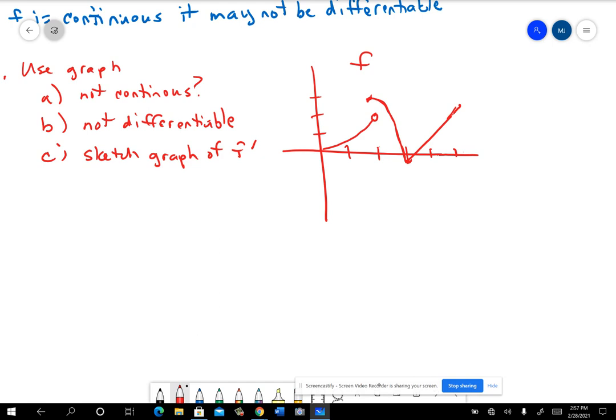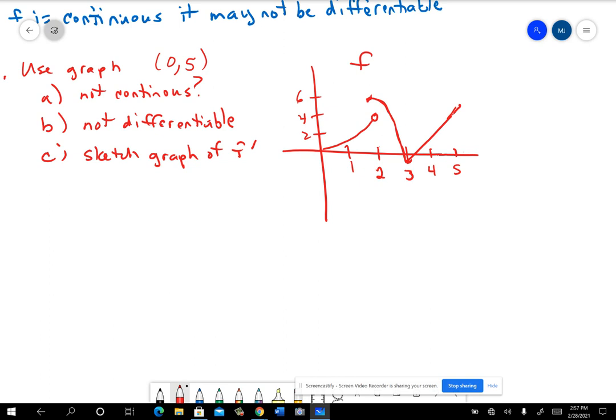All right. And so you can tell there's some interesting spots at 2 and at 3. This is 2, 4, 6. Okay. And so it says on the interval from 0 to 5. So we're looking on this interval, not including the endpoints. Where is it not continuous?